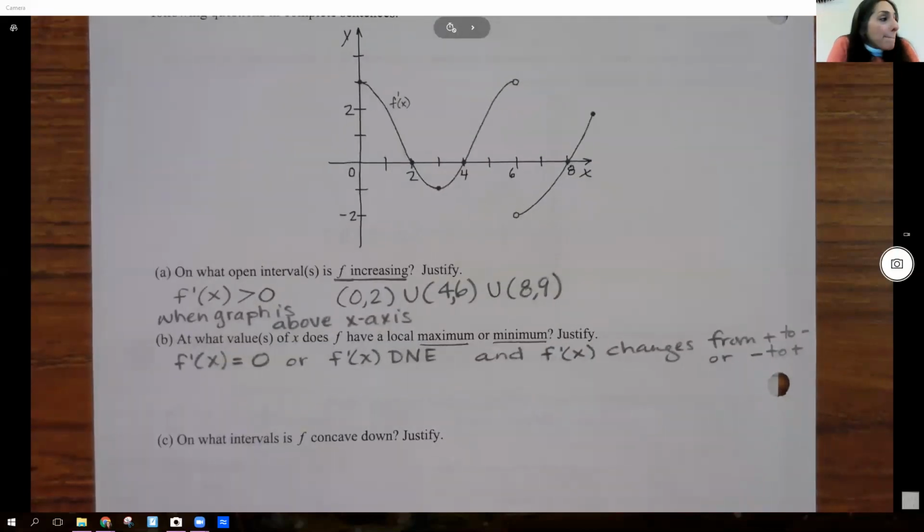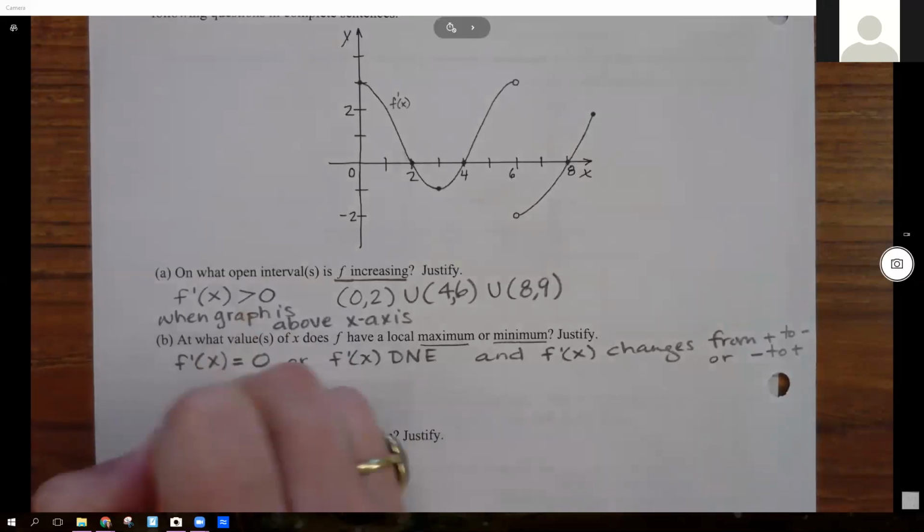So how about let's start where the first derivative equals 0. Tell me the spots on this where the first derivative equals 0. Two, 4, and 8.